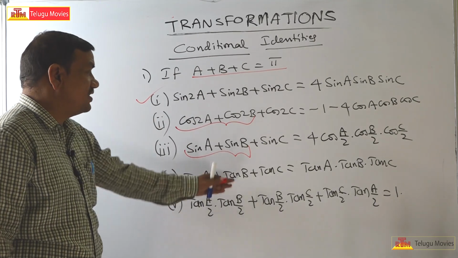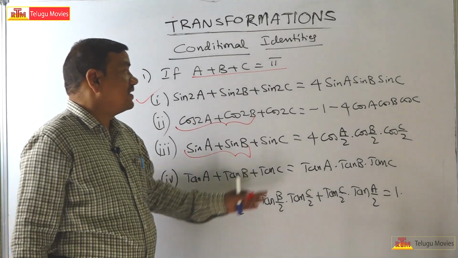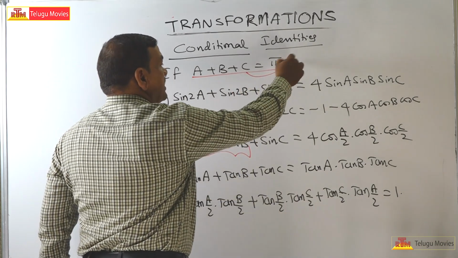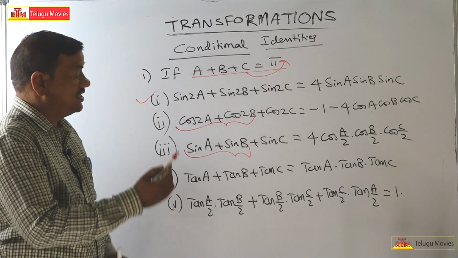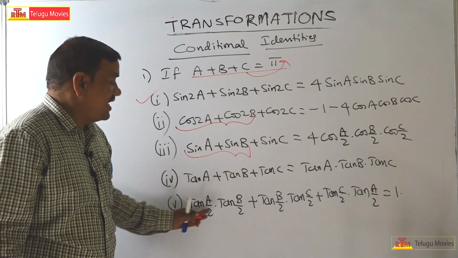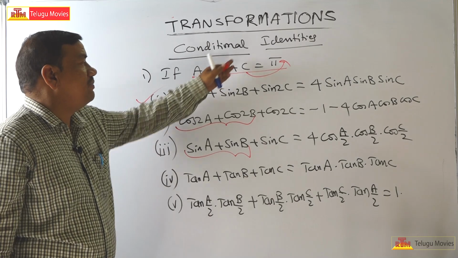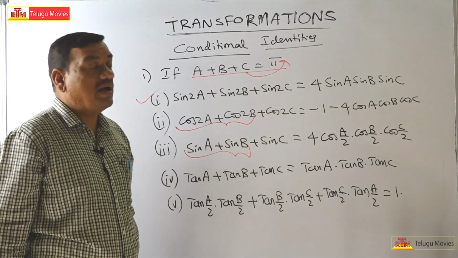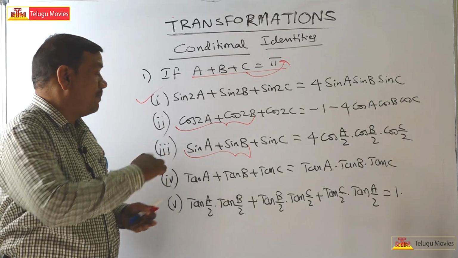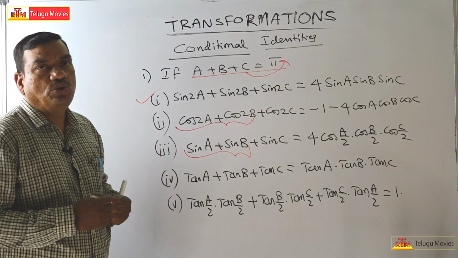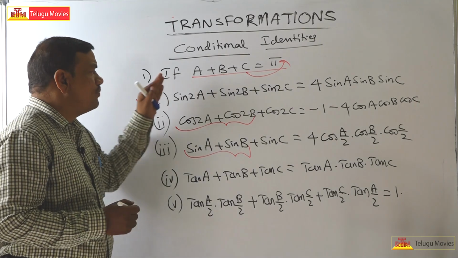For tan a plus tan b plus tan c, take c to this side, pi minus c, apply tan on both sides, that will come. For the last, a by 2 plus b by 2 plus c by 2 is equal to pi by 2. Take c by 2 that side, pi by 2 minus c by 2, apply tan on both sides, easily it can be solved. So very important results.